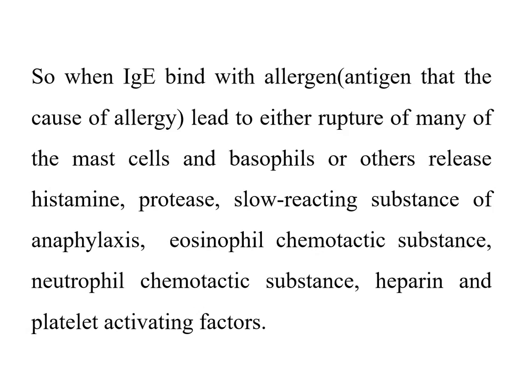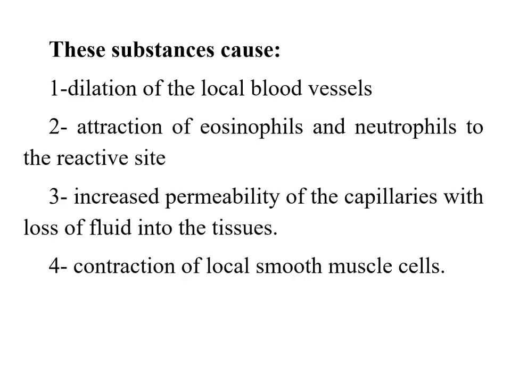This binding of the IgE with the allergen leads to rupture of many of the mast cells and basophils, and leads to release of many substances like histamine, protease, slow reacting substance of anaphylaxis, eosinophil and neutrophil chemotactic substance, in addition to the heparin and platelet activating factors.